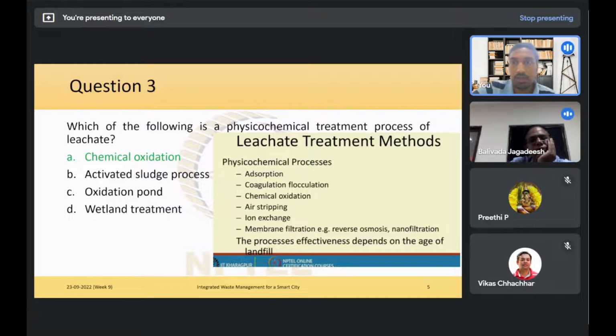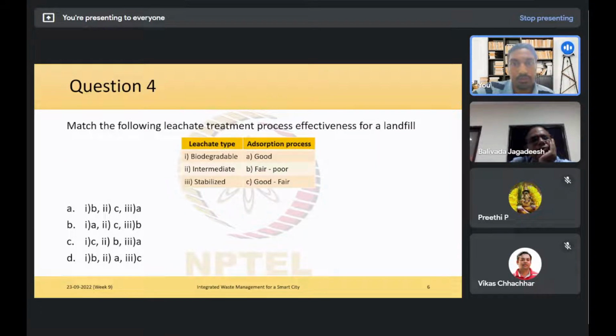Okay, so moving on to question number 4. Match the following leachate treatment process effectiveness for a landfill. We have two columns. The first column tells us the type of leachate that we have, whether it is biodegradable, or an intermediate produced from an intermediate landfill stage, or from a stabilized landfill. And then we have the effectiveness of the adsorption process, whether it is good, fair to poor, or good to fair effectiveness.